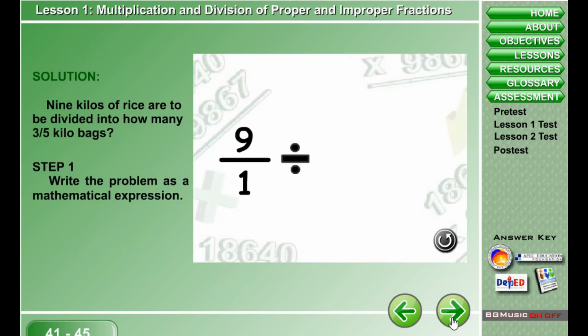Solution: 9 kilos of rice are to be divided into how many 3/5 kilo bags?